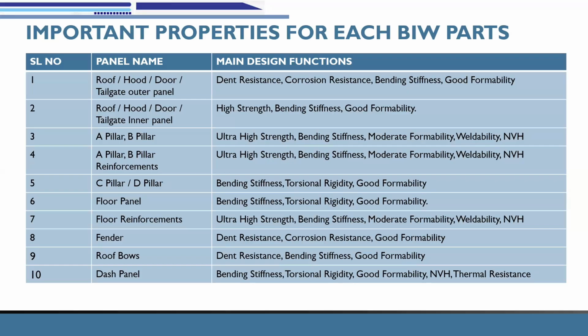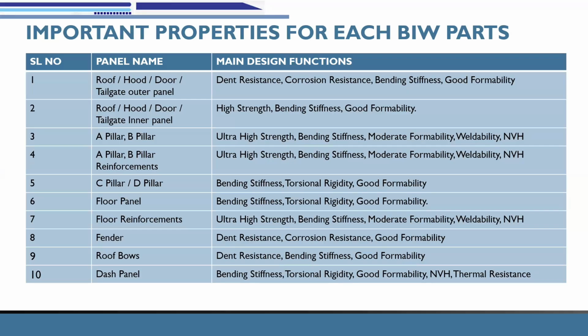The C pillar and D pillar are not meant for crash parts. For those parts, stiffness, torsional rigidity, and good formability are the major criteria. So the functional requirement for each and every part is different.